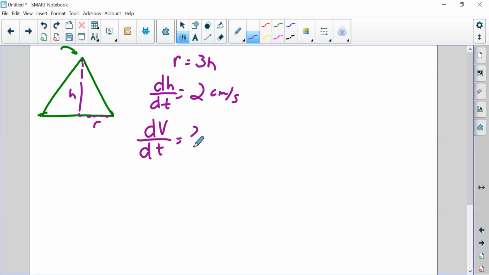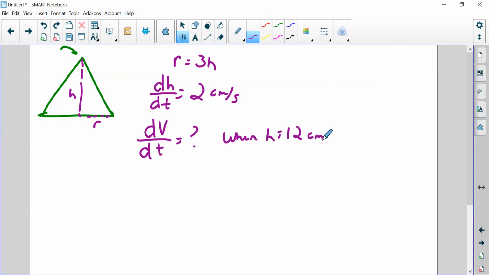It wasn't worded so that it's very obvious, but you have to figure out what's going on. It's leaving the bin, it's filling up that pile, so it's changing the volume of the pile. So it's corresponding to dV over dt. And we want to do that when the pile is 12 centimeters high, so when H equals 12.